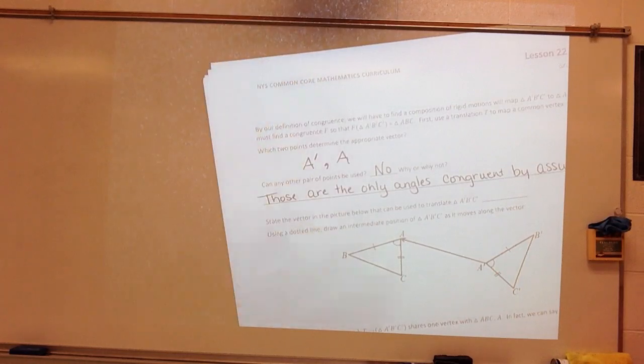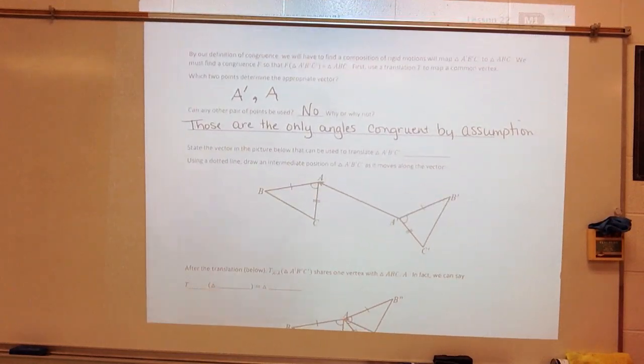Okay, so that is the only 2 points that I can use, because those are the only 2 points of angles that are congruent. Alright, so that's why we're looking at that vector. State the vector in the picture below that can be used to translate A prime, B prime, C prime.